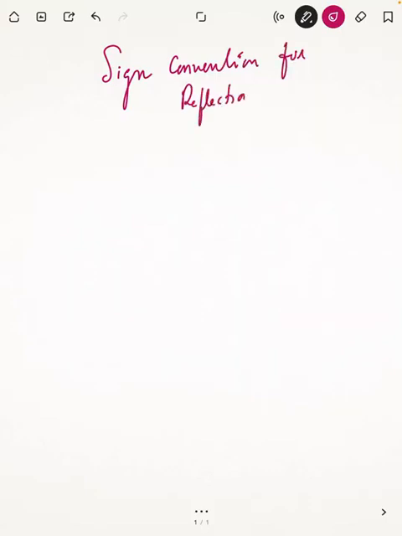So today we are going to discuss sign convention for reflection by spherical mirrors.